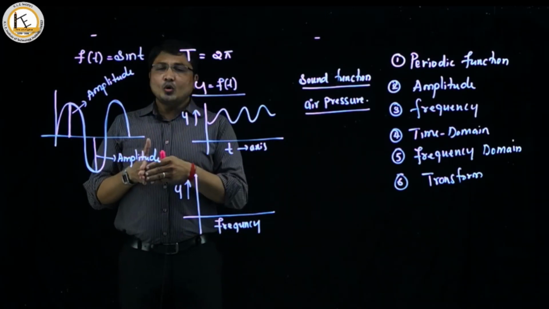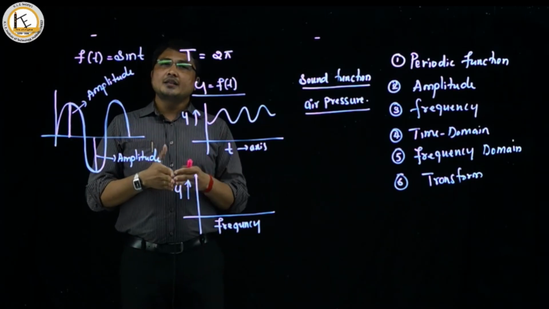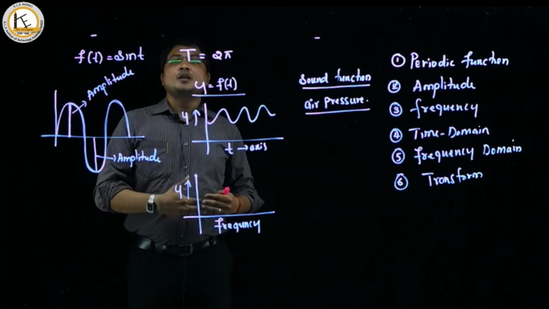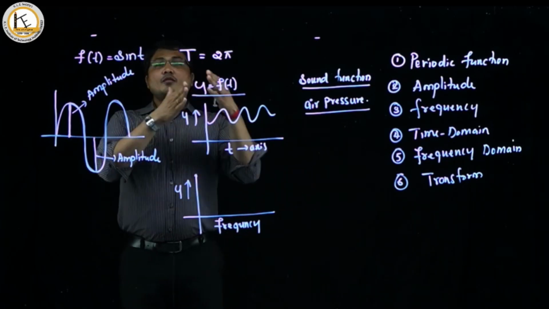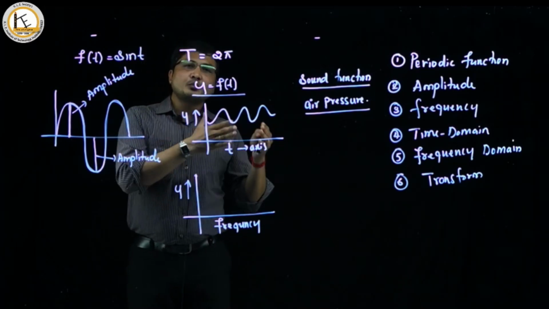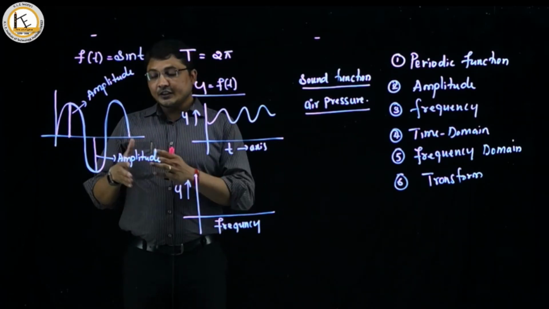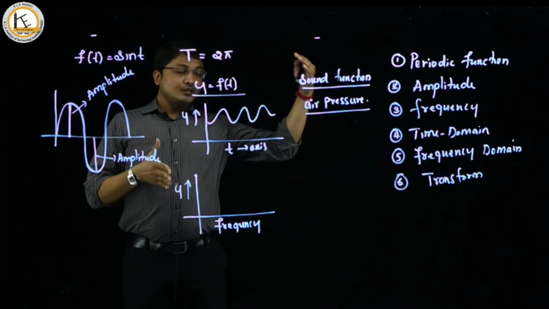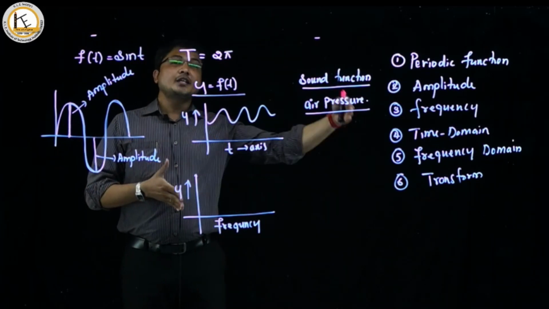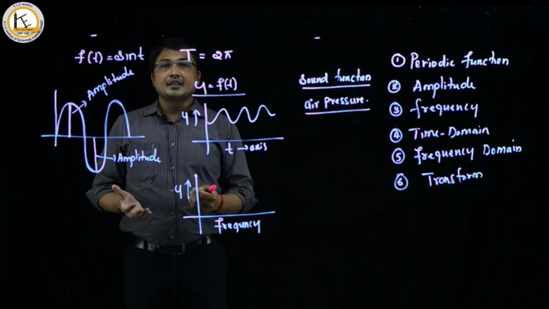So here the mode of transportation is changing to vehicle, car, bus, or flight depending on the distance which we need to travel. That change of mode of transportation will be called a transform. Obviously it changed from walking to bus, train, or maybe flight. The mode of transportation is changed. So that change is called a transform, or maybe we can say transformation.